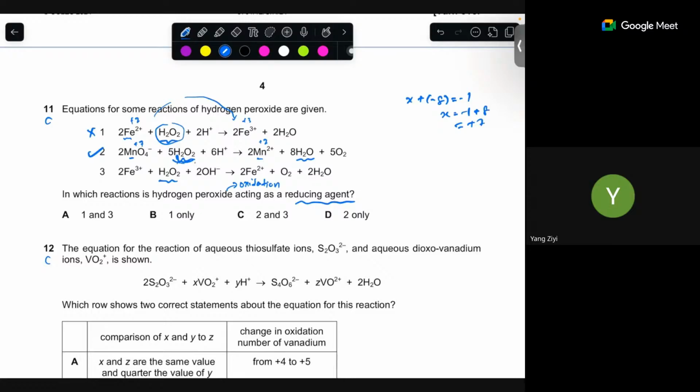Rather than that, just look straight over here: 3 to 2. You can see it is going to be reduced, from plus 3 to plus 2, so it is possible to be a reducing agent here. Therefore, the answer is C, 2 and 3. Okay, we move on.